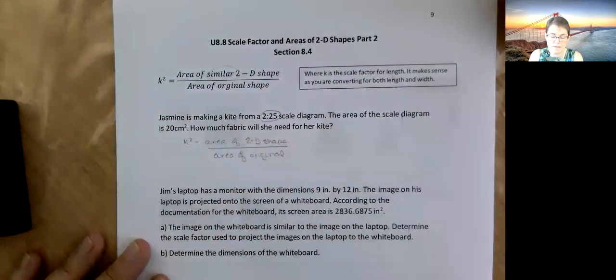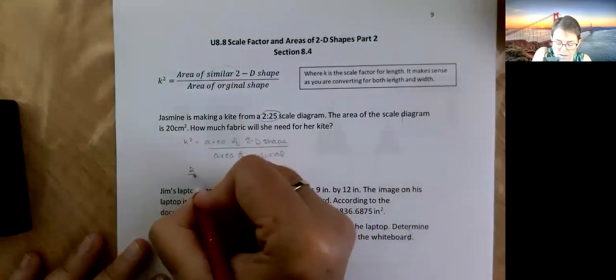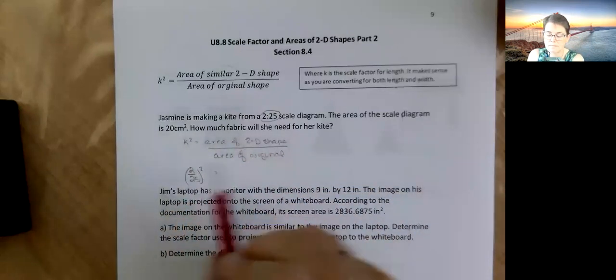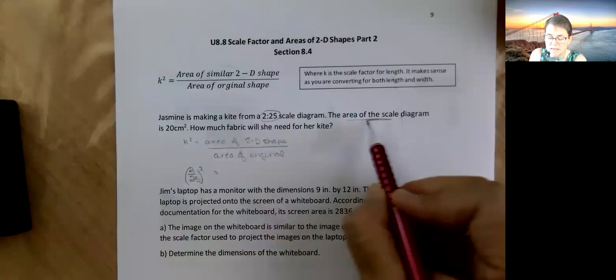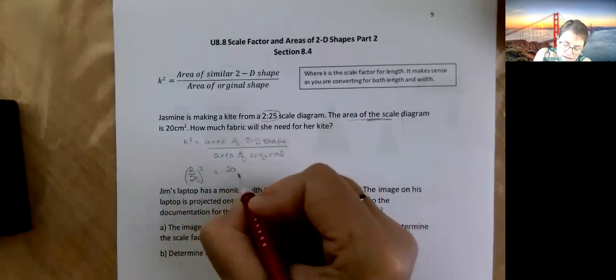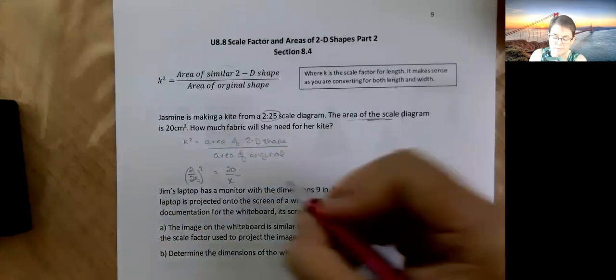All right. Now, K squared, that's going to be 2 over 25 squared is equal to, now, it says the area of the scale diagram is 20 centimeters. So that's going to be 20 over x. That's what we're going to solve for.